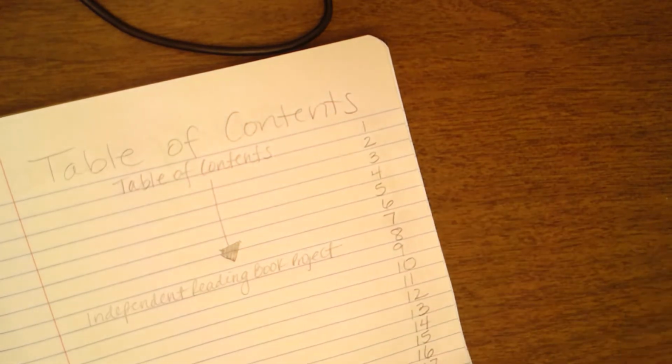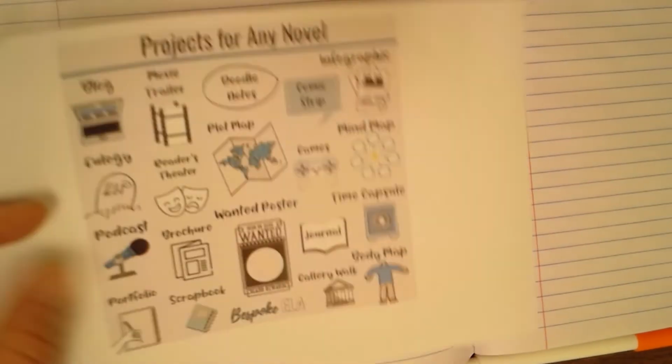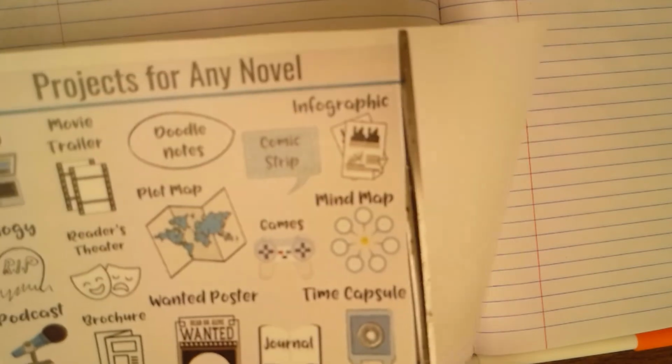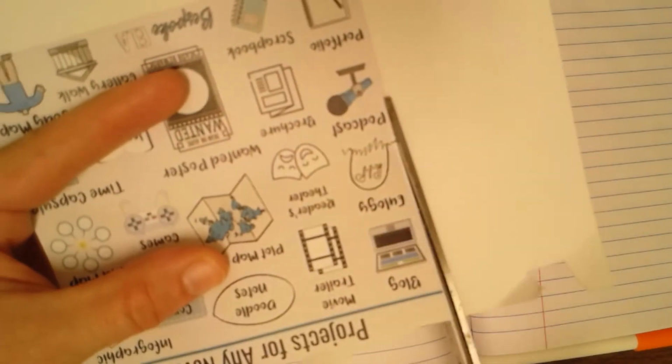All right, then I'm going to flip back to my page 8 and let's start cutting out the link. So this page is pretty easy. All you're going to do is take this picture and you're going to cut it all the way around the outside. And this is the only thing going on this page.